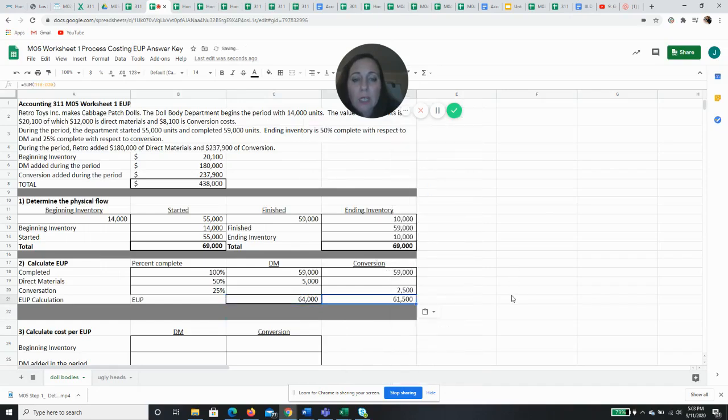And for conversion, it's 61,500. Okay, so our EUP is the equivalent units, the amount we could have finished given all of the costs that we've entered into the system. And it turns out that our equivalent whole units of production is 64,000 for direct materials and 61,500 for conversion. All right, that ends this video. In the next one, we'll talk about step 3.